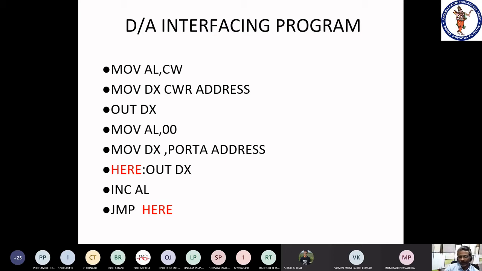Send the data 00 and call delay for the required width of the square wave, half time, and again send the digital data FF, again call the delay. With the required delay of the high state, that can be repeated to get the continuous wave. So that is about the very simple D to A interfacing method.